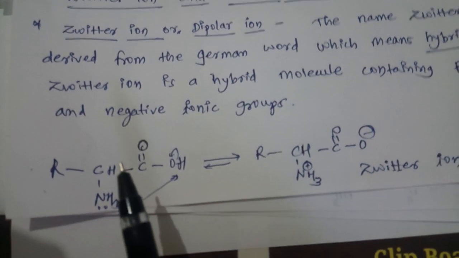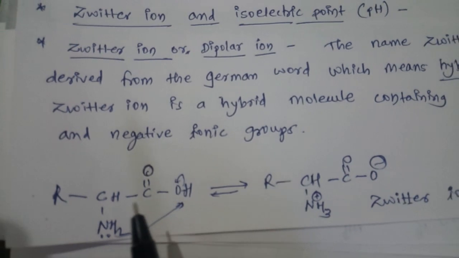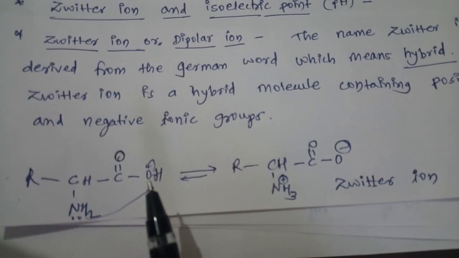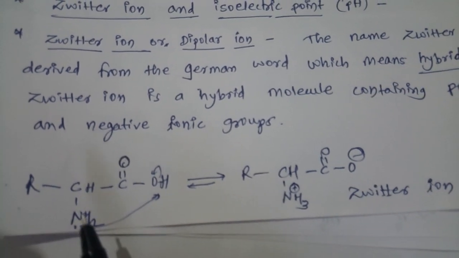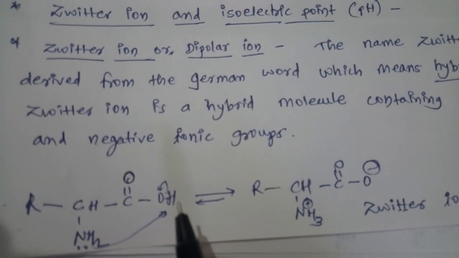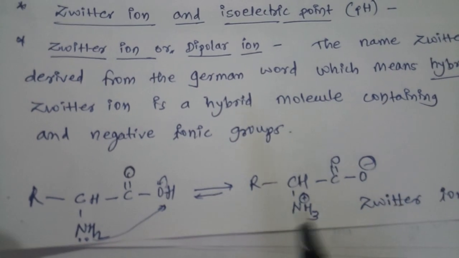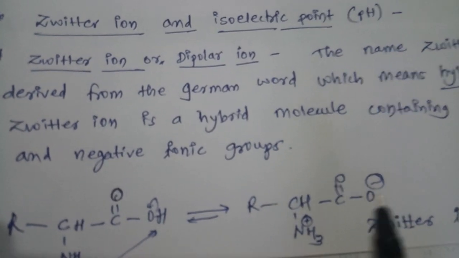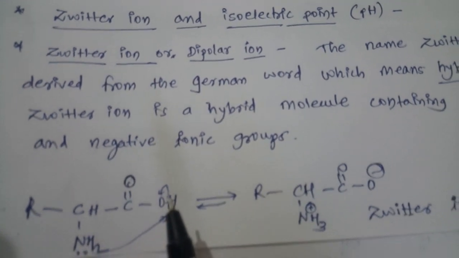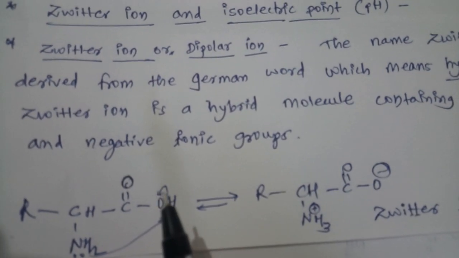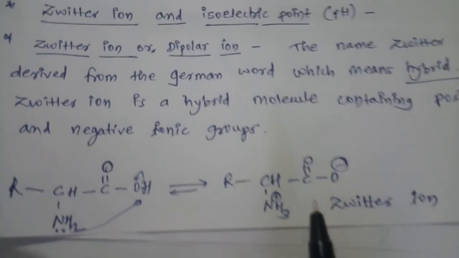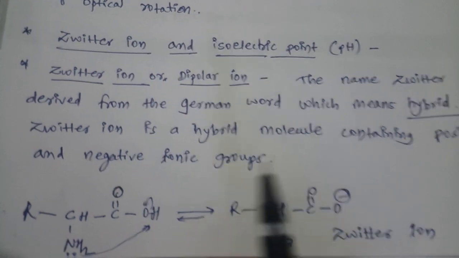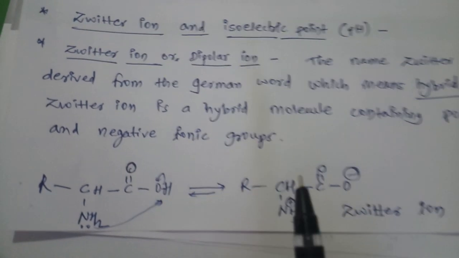Now here this NH2 lone pair of electrons will attract an H plus ion, so NH2 becomes NH3 plus, RCH NH3 plus COO minus. This bond is shifted towards the oxygen and it becomes O minus. So there is a formation of a zwitterion here, that is the ionized form of the amino acid.